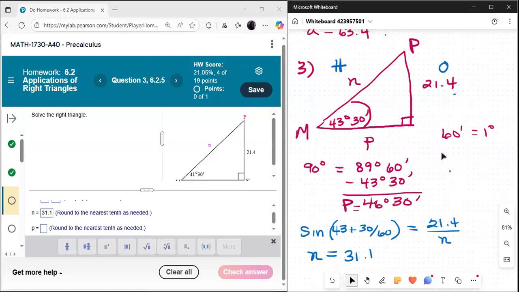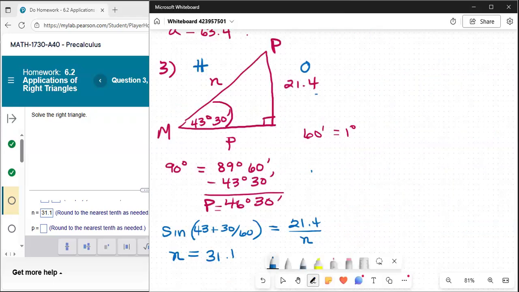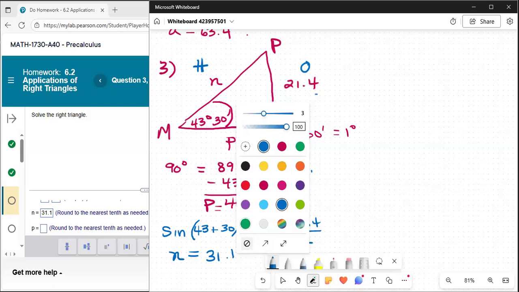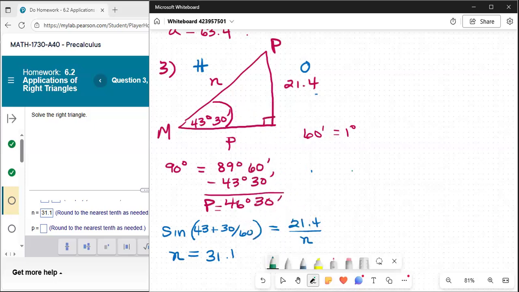And then to solve for p, so p is the adjacent to the angle that we know. So adjacent over opposite would be the cotangent, or we can do opposite over adjacent, which is tangent.